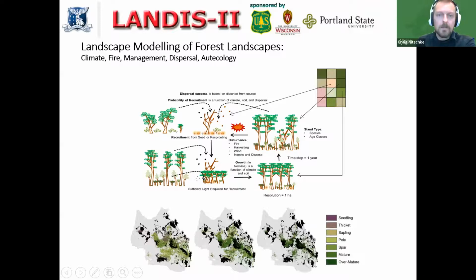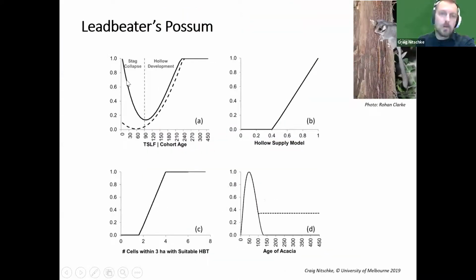We use published habitat models. These are the models that we use in our paper. They're based a lot on David Lindenmayer and Hugh Possingham's work from the 1990s, with a few modifications. For example, areas that had timber harvesting had dead hollow-bearing trees removed from them so they didn't contribute to habitat in the stag collapse form.